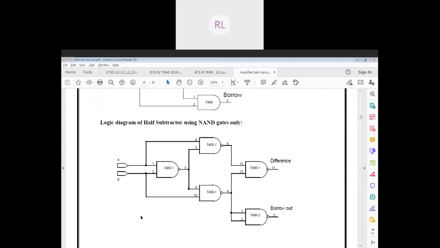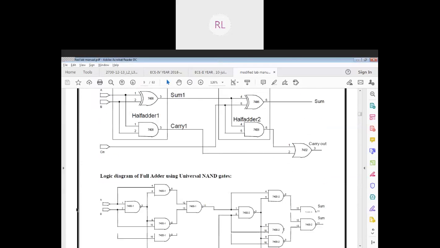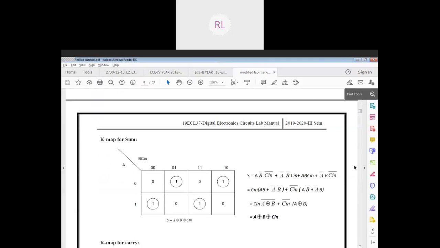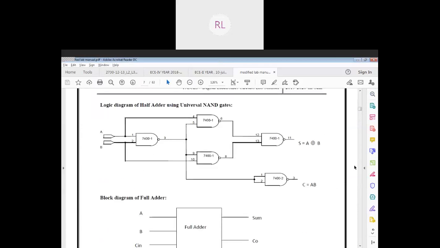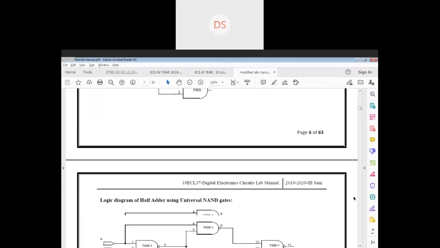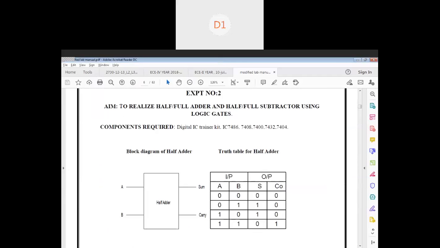Once we have this truth table, it's easy for us to get a K-map. We load these values into the K-map in the particular weighted squares, and accordingly we get the expressions for difference and borrow. For difference it's going to be the same equation we used for the full adder and full subtractor, and here borrow is going to change.